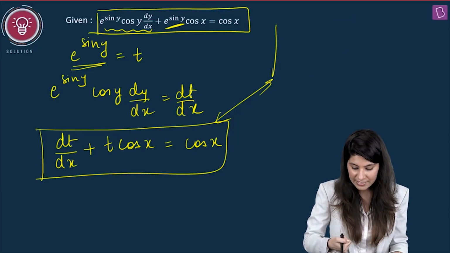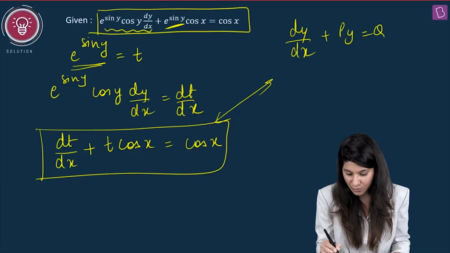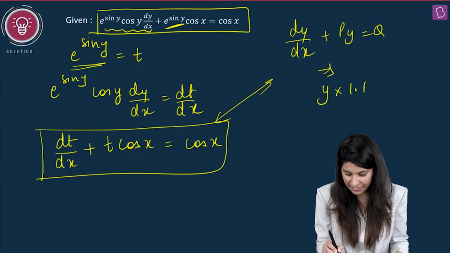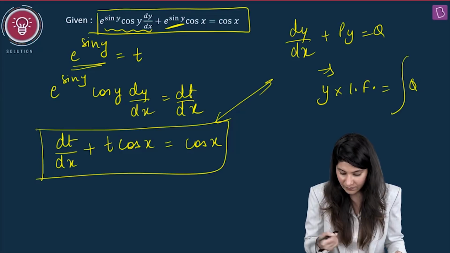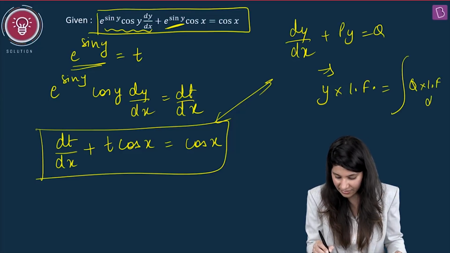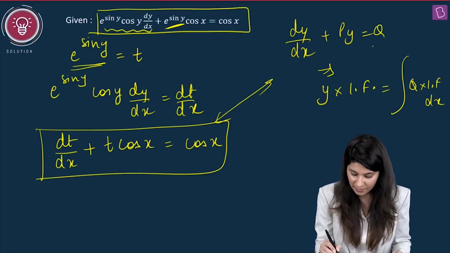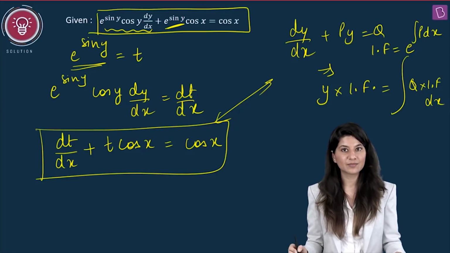Now how to solve this? dy by dx plus py equals q. How to solve this form? We have y multiplied by integrating factor equals integration of q multiplied by integrating factor dx. Integrating factor is nothing but e raised to power integral of p dx.